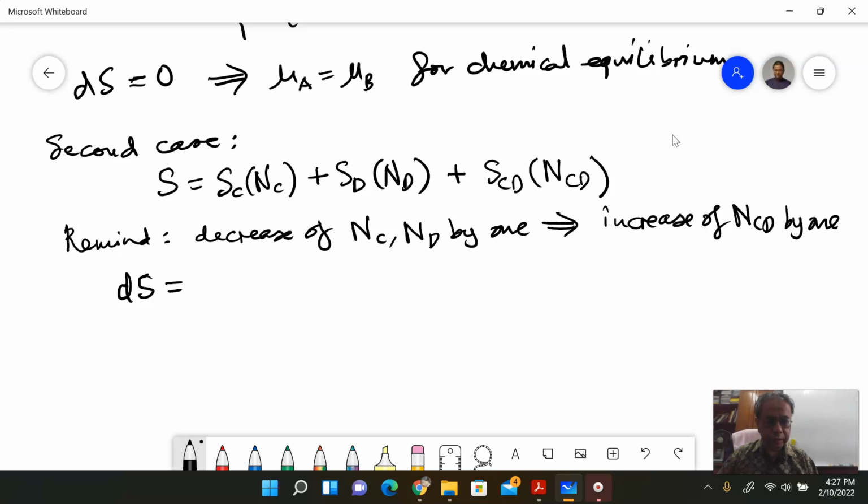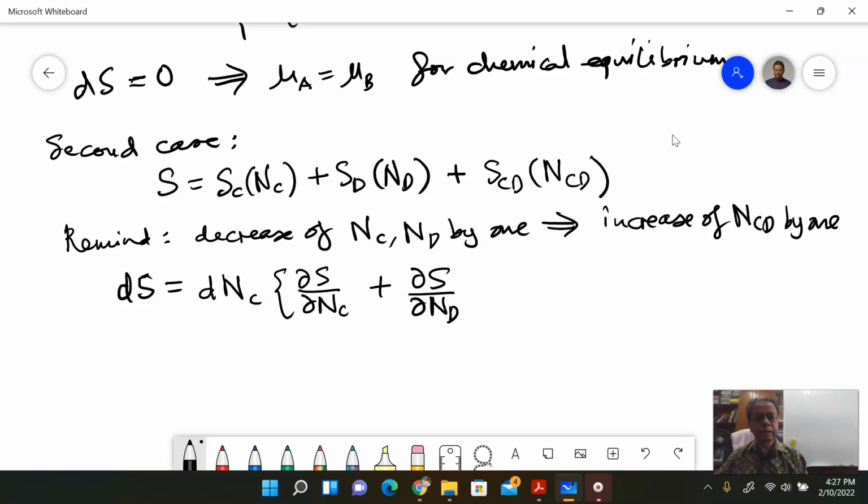Since NC, ND, and NCD have a relationship between each other that we have mentioned before, we bring out dNC outside, and this will be partial S over partial NC, plus partial S over partial ND, remember dND would be the same as dNC, and then minus partial S over partial NCD.